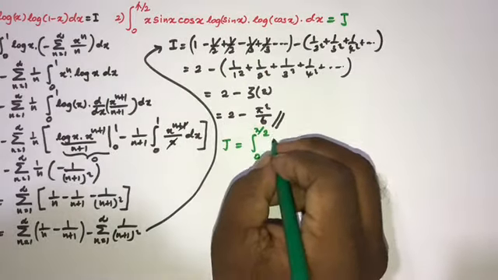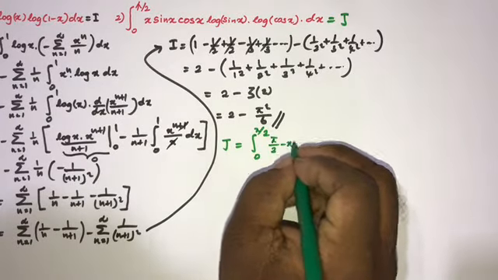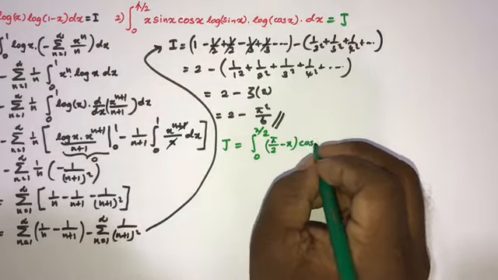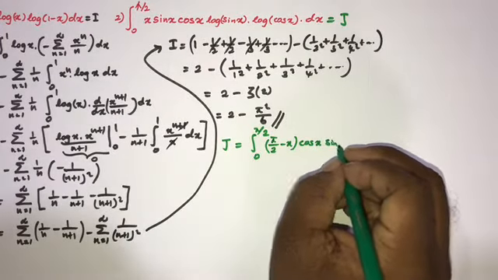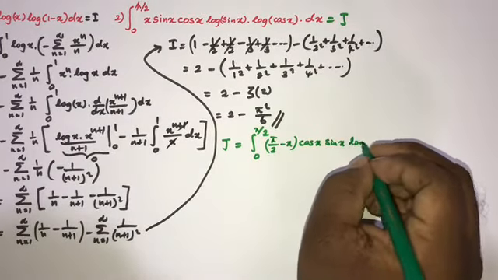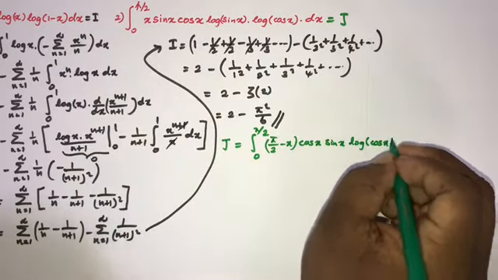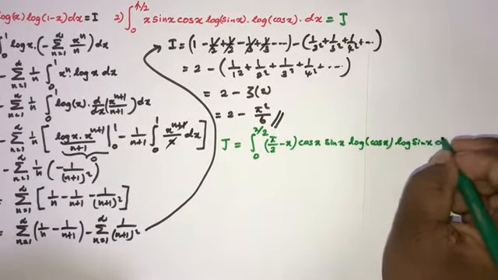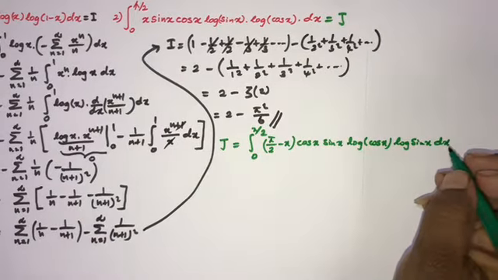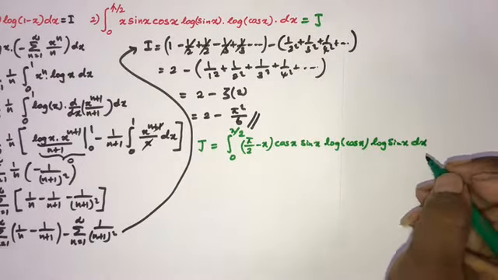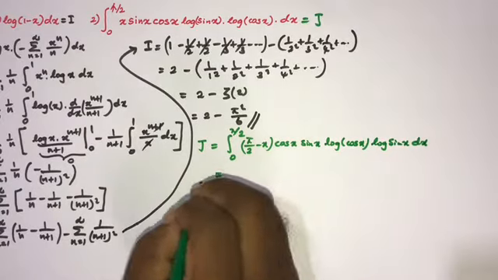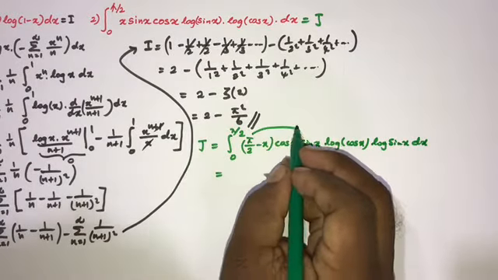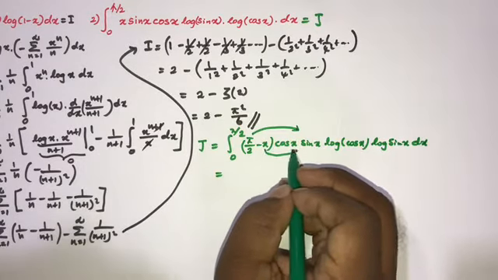So we can write here first π over 2 minus x, then sine of π over 2 minus x, we know, is cosine of x, then sine of x, then natural log of cosine of x, then natural log of sine of x dx. Okay, then we can simplify here. Now we can multiply by π over 2 and minus x.